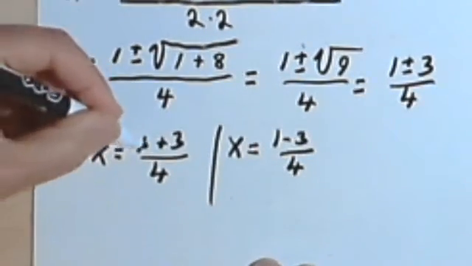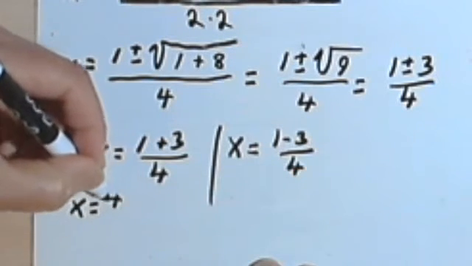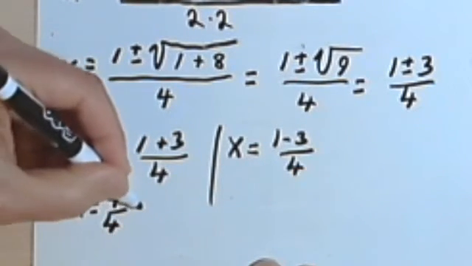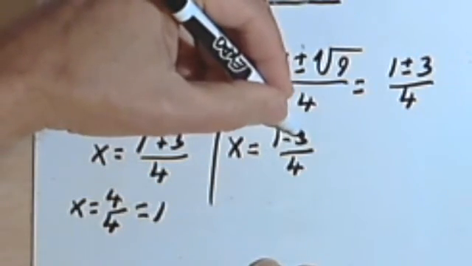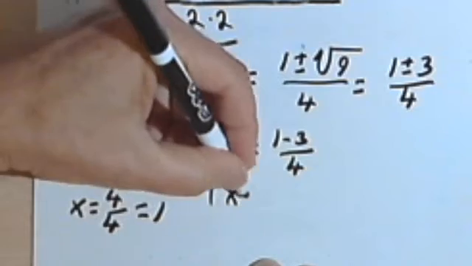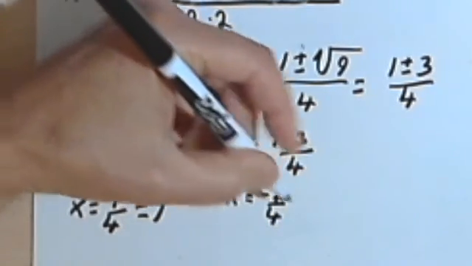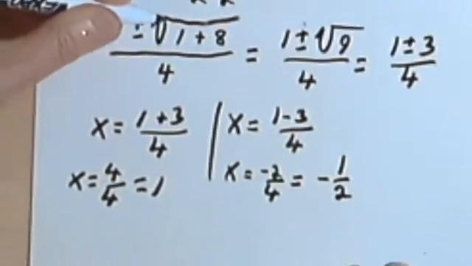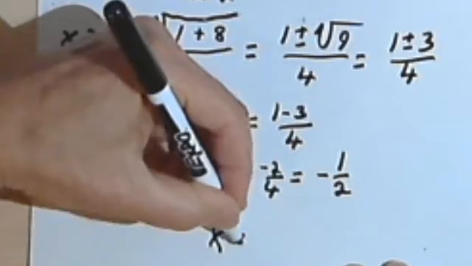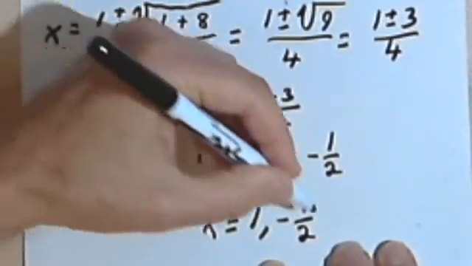Well, 1 plus 3 is 4, so x equals 4 over 4. So x equals 1. Or 1 minus 3 is negative 2, so x equals negative 2 over 4. And I can reduce that. That's going to be a negative 1/2. So my solution is going to be x equals 1 or negative 1/2.